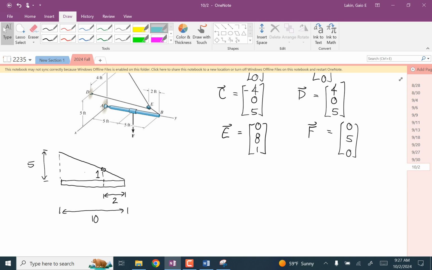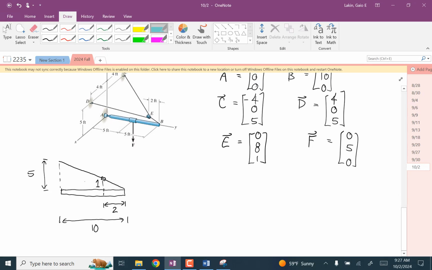Or we could isolate the metal piece and this little cable and the pulley and calculate this tension here, but we wouldn't calculate this one directly. And then you could go back and calculate the other one. I'm not sure if I did a solution for this, I'm not sure which one I would have done. I think they're sort of equivalent. But let's see, what do we want to do?